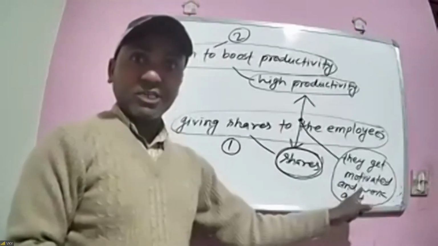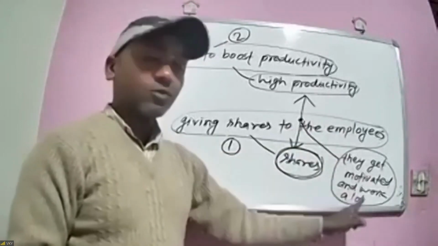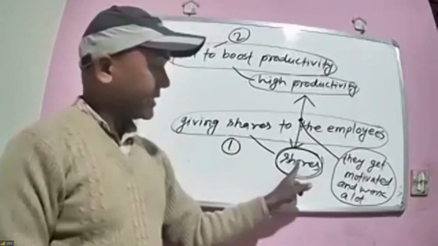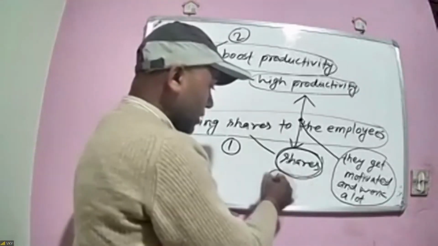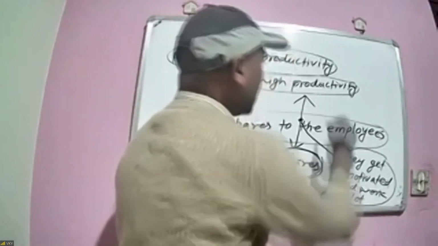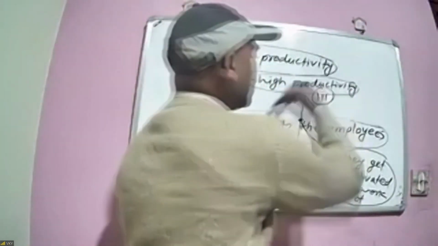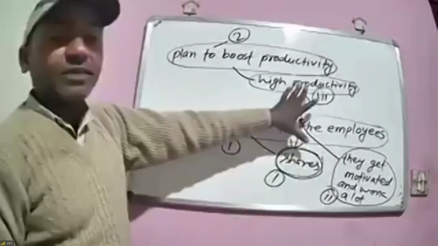Then high productivity. So after getting shares, this is number one. And then the second point is they get motivated. Then this is the third point. Now in our conclusion, in the main idea, only these two points are given.